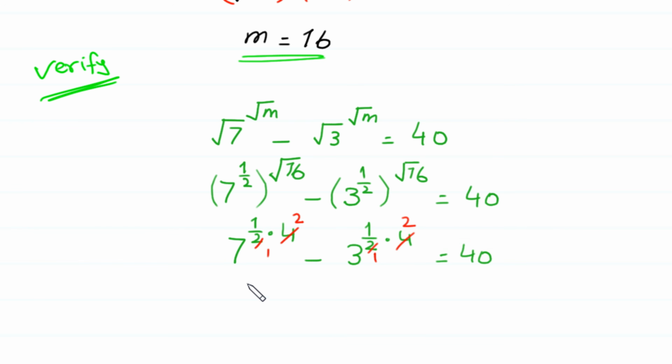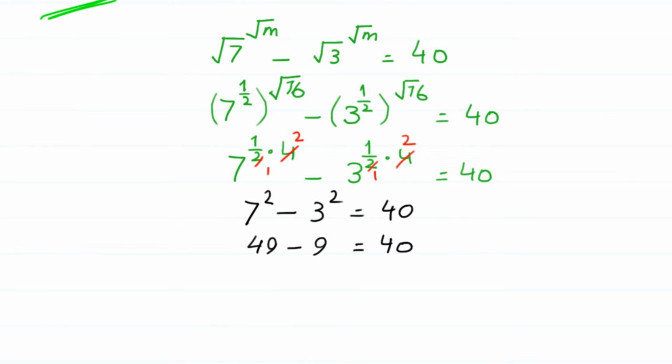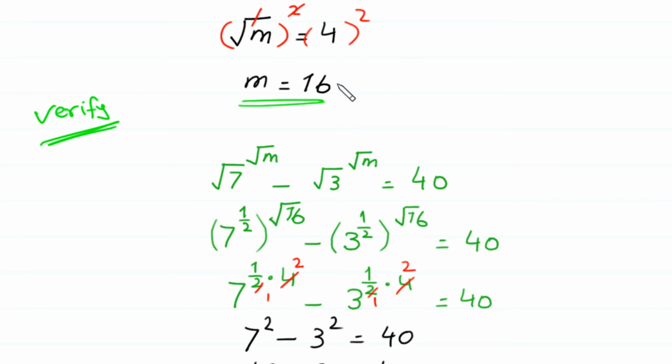So here we left 7 square minus 3 square is equal to 40. 7 square is 49 minus 3 square is 9 is equal to 40, and 49 minus 9 is equal to 40. From here you can see that the left hand side is equal to the right hand side. So it is proved that the value of m 16 is correct.